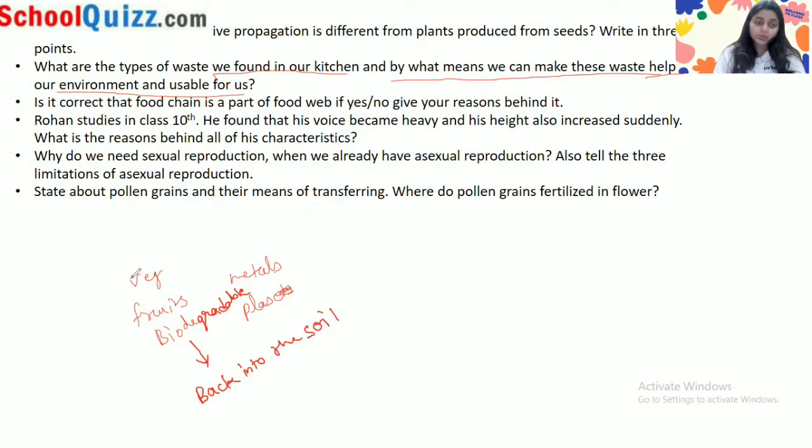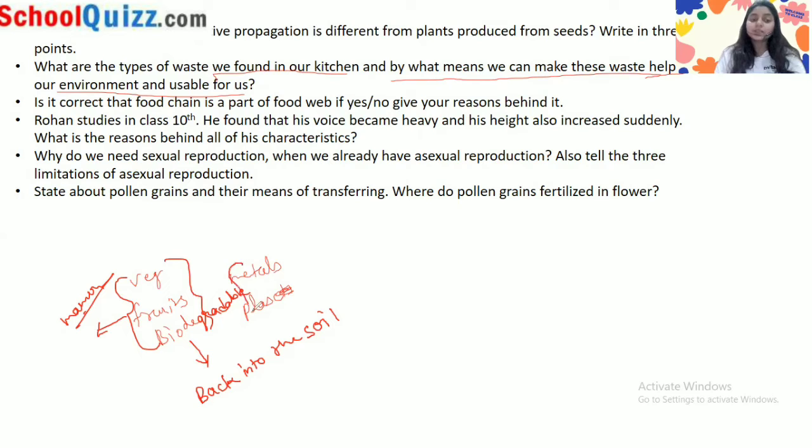See, from this biodegradable waste we can make manure, biogas, etc. That's how we use it for the soil, so that the soil can be rich in fertilizers. That's how we use this waste.